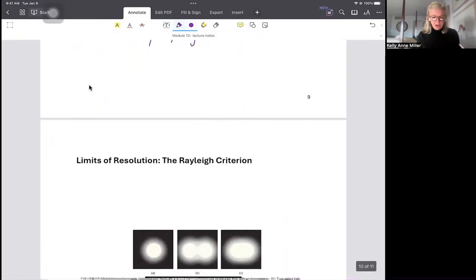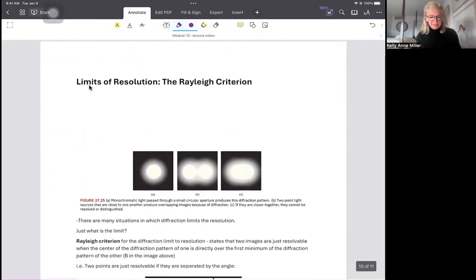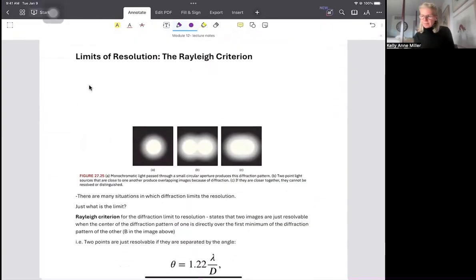Okay. Last topic. The Rayleigh criterion is a way of using diffraction to understand the resolution limit that we can see in optics.